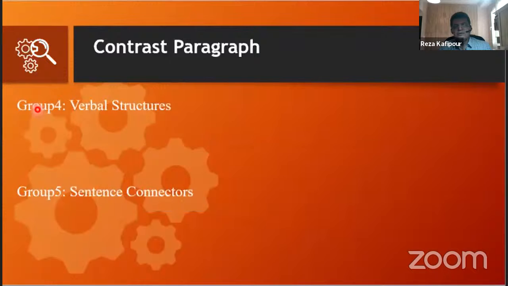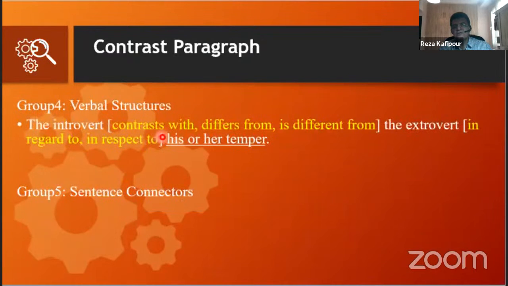So the fourth group is the use of verb or predicate structure, or verbal structure. Verbs such as contrast with, differ from, or be different from are used to show differences. So we may say, the introvert contrasts with the extrovert in regard to or in respect to his or her temper. Pay attention to this point.